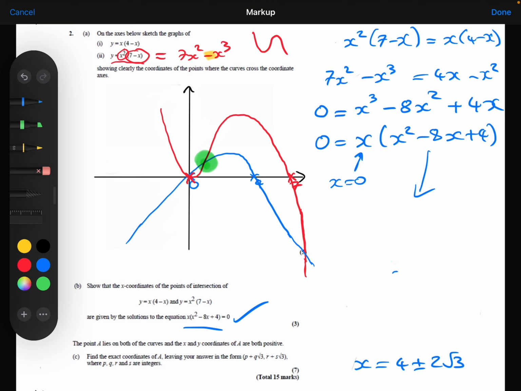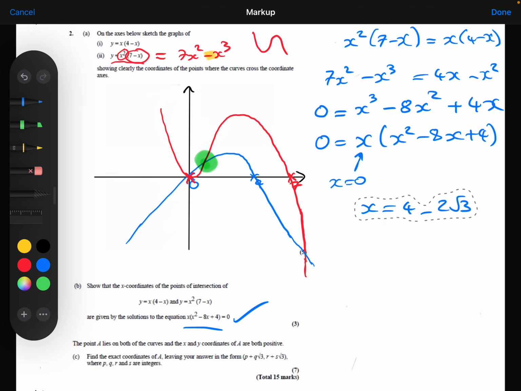So if I now take my 4 minus 2 root 3, to work out the y coordinate, if I substitute that back into either of my original equations, I think it's going to be easier to substitute it into the original quadratic. The original quadratic was y equals x times 4 minus x.